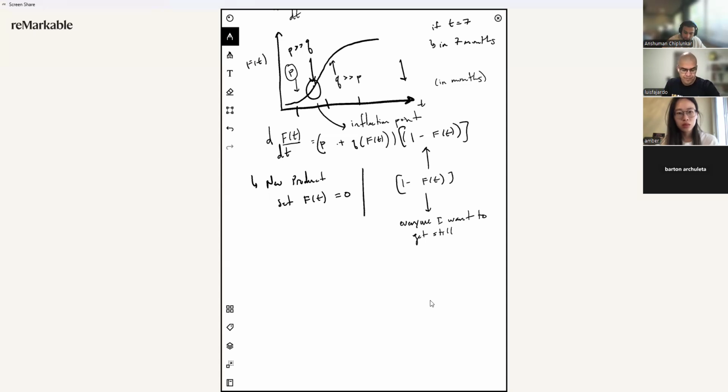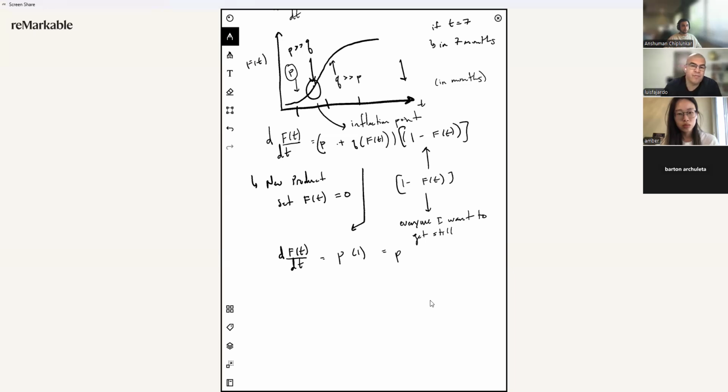And what ends up happening in the formula, when you set F(t) equal to 0, is that the rate at which our market potential is growing is just going to be equal to P. Because it's going to be P times 1, which is P. So all of this stuff cancels out.